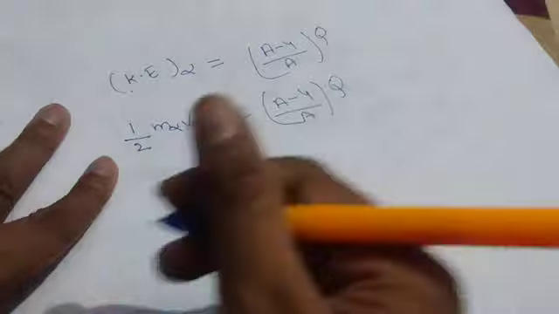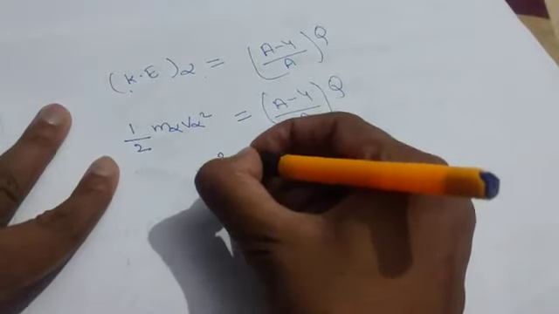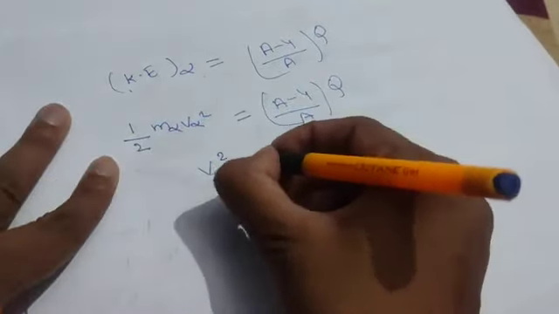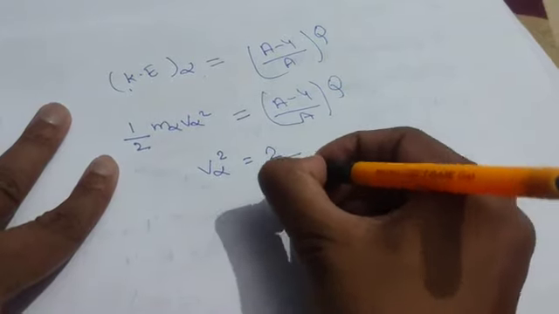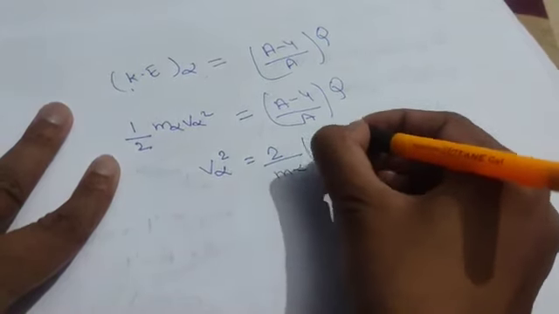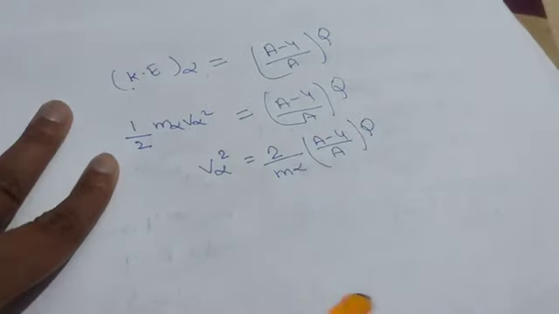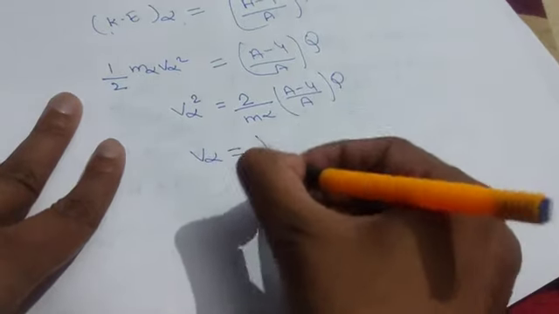Now we will separate half m alpha from here. Then for v alpha, take the square root.